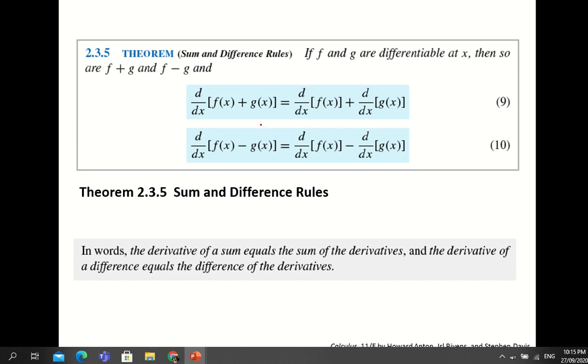Okay, so if you find it hard to memorize it this way, then just memorize it in words. While you are memorizing it, try to figure out how it is in mathematical expression.